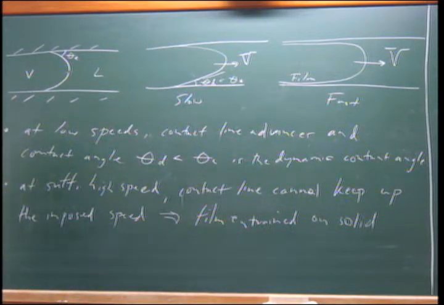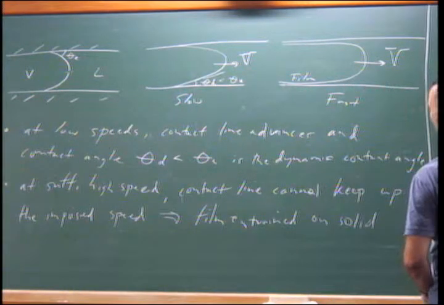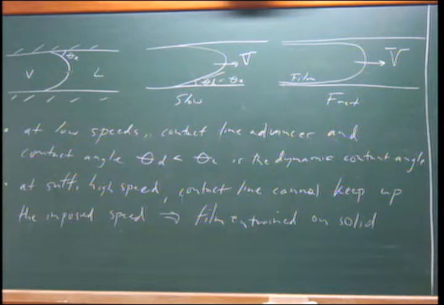Okay, and so what one observes is the following, and this is what we want to rationalize: the shape of this curve.